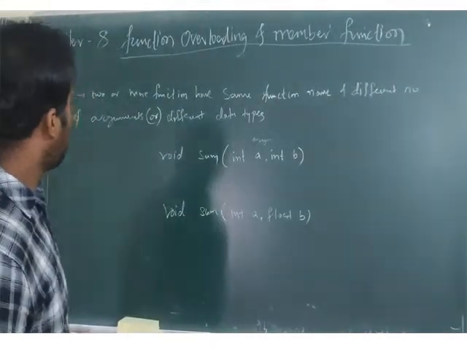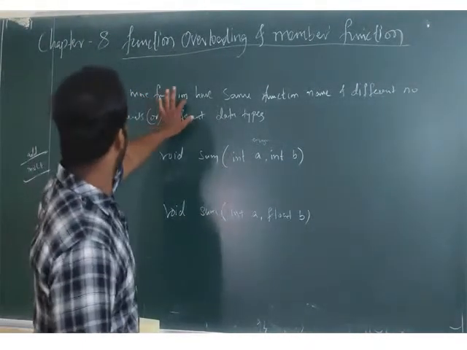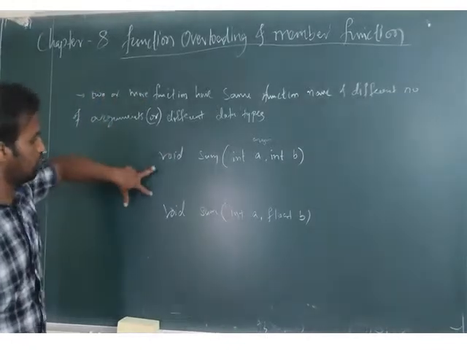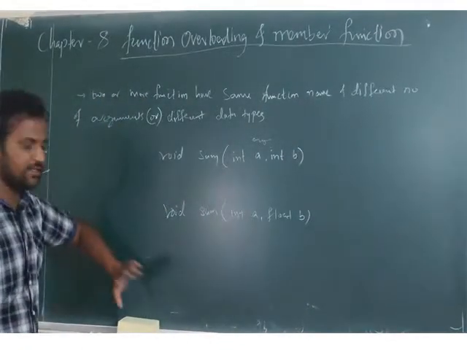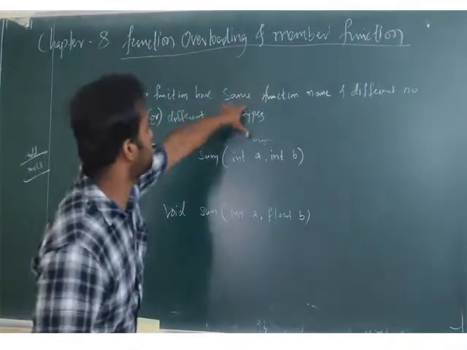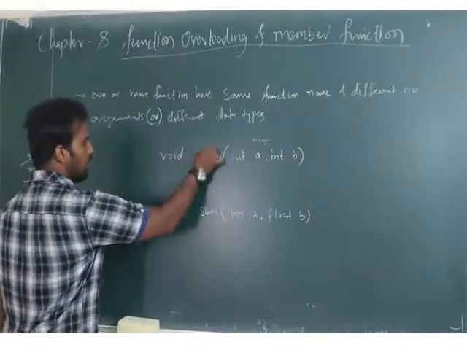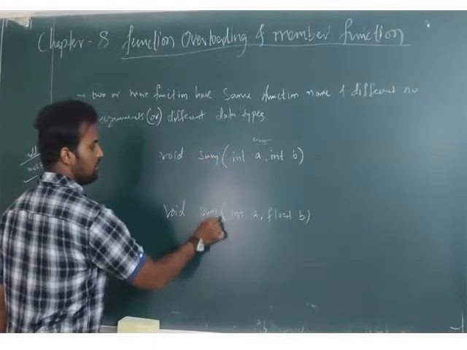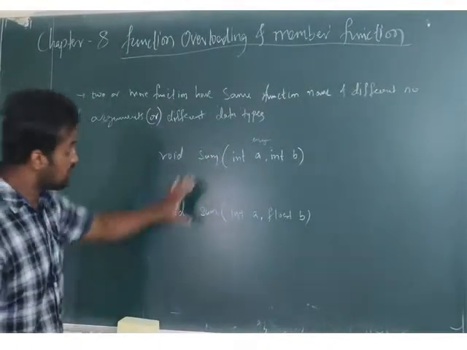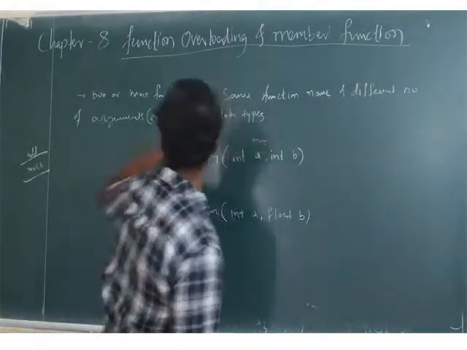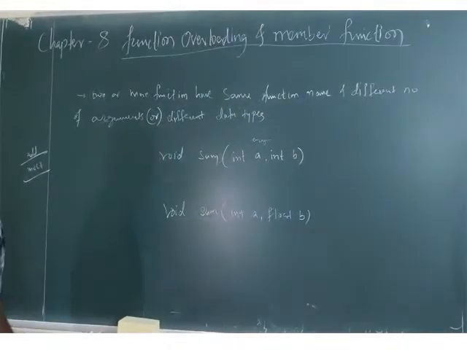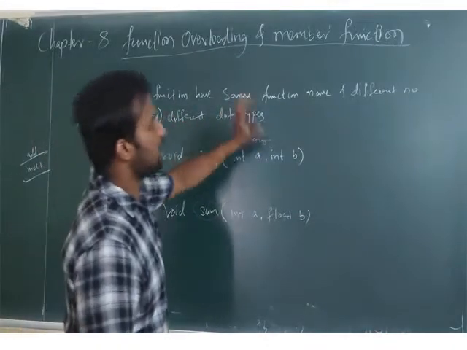See here what they are telling. Two or more functions have same name, same function name. Same function name means this is function name, this is function name. Same function name and different number of arguments or different data types.